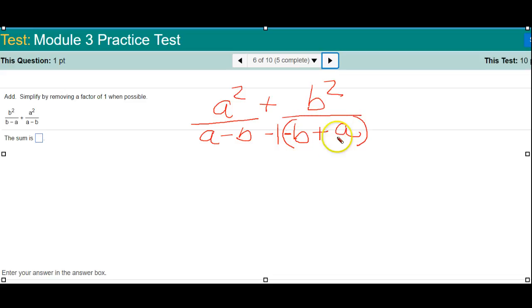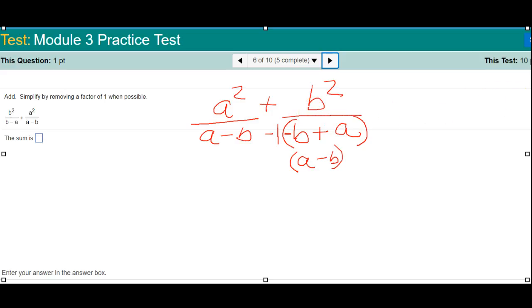And then I'm going to switch these around, so this becomes a minus b, and my negative is here. Now I can have a negative there, I could have it up there, and that's what I'm going to put.